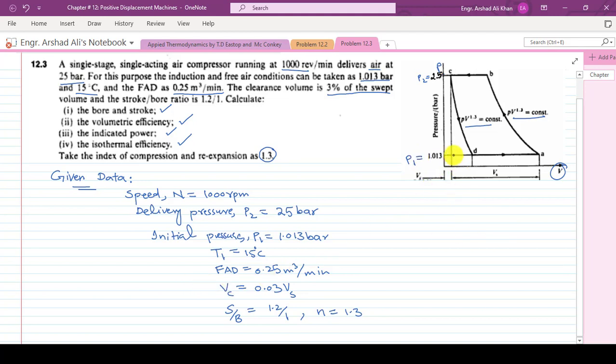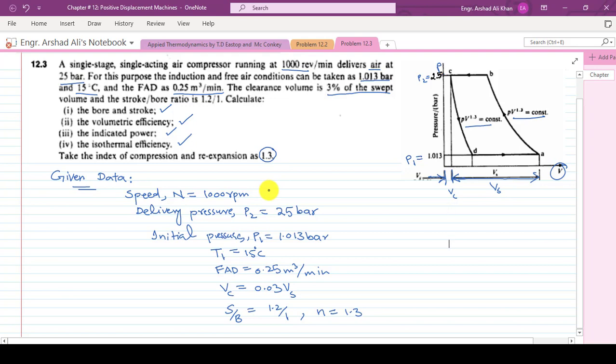This small volume is the clearance volume Vc, and this is the swept volume represented by Vs.